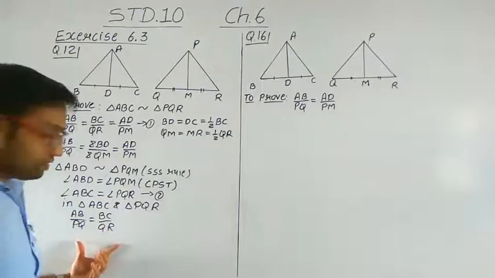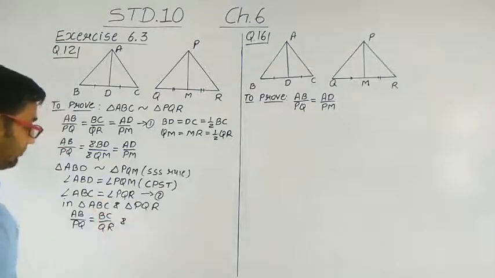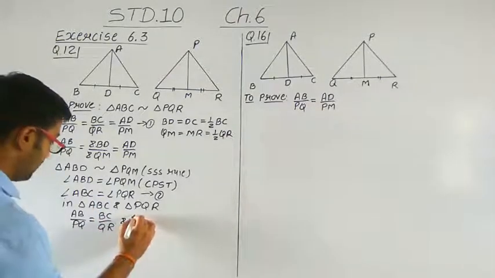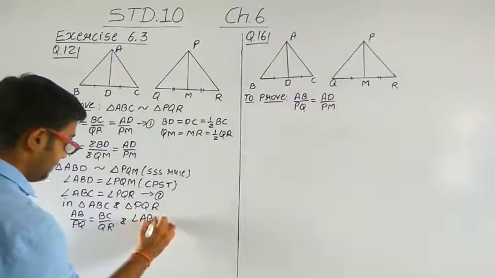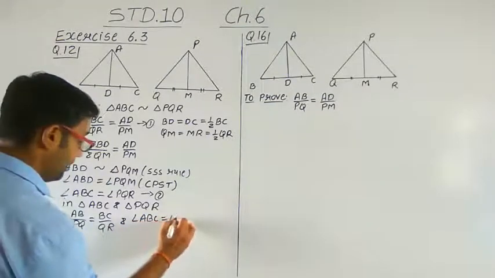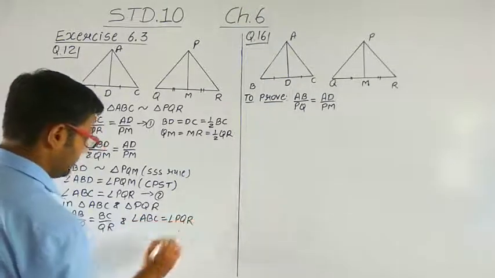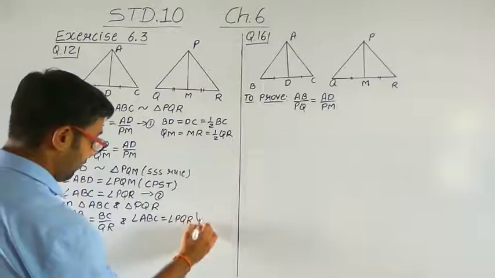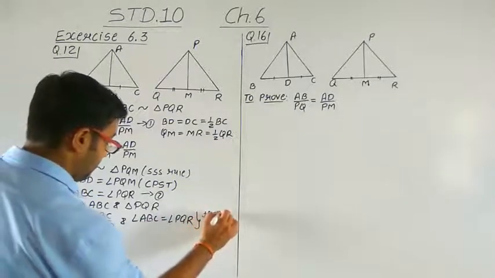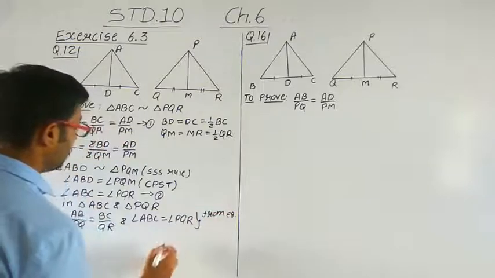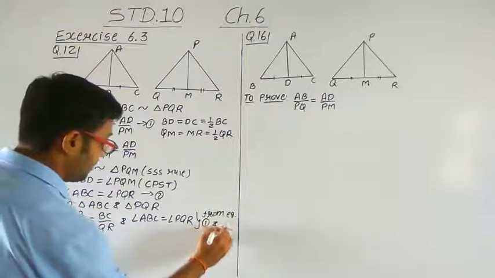Two sides are in proportion and one of the angles is equal, that is angle ABC is equal to angle PQR. These two things we write down from equation number 1 and 2, right?